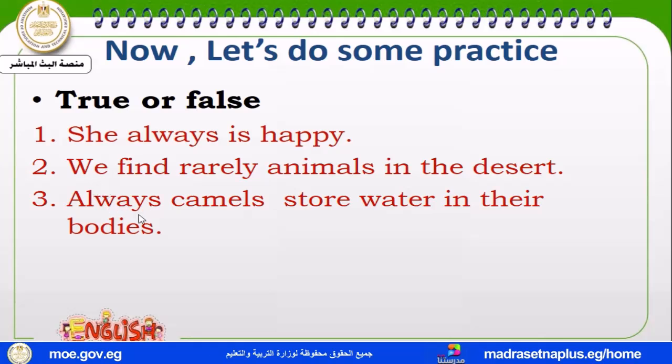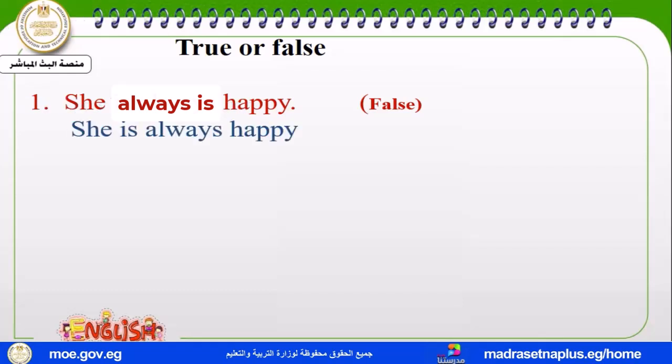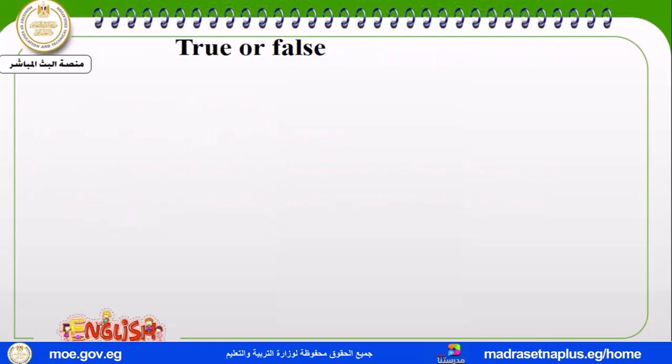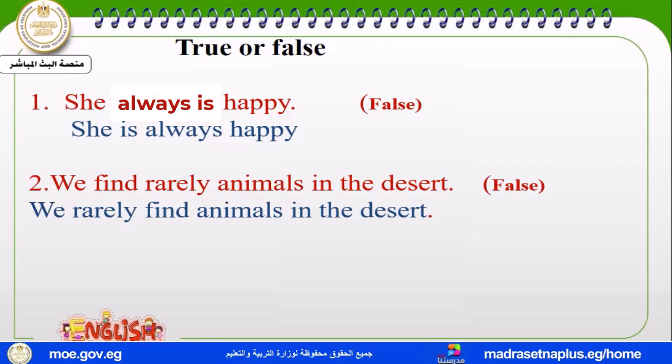Did you know the answer? Yes. Let's see. Number 1, she is always happy. If we go back to the example, it was she always is happy, and the correct answer is she is always happy. Number 2, we find rarely animals in the desert.